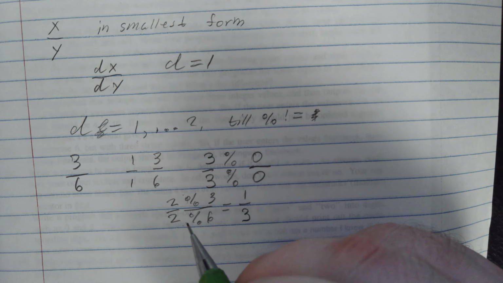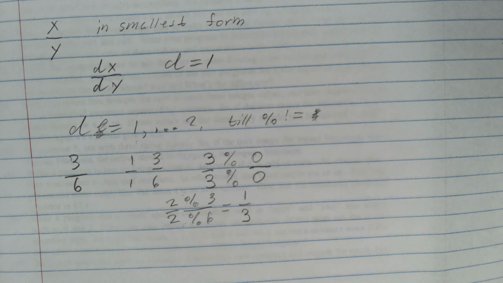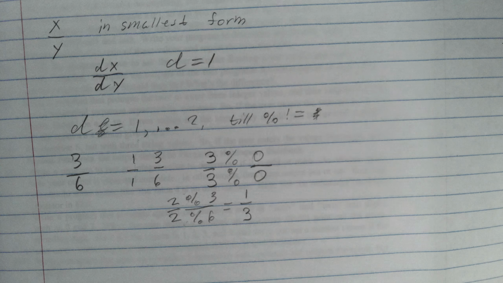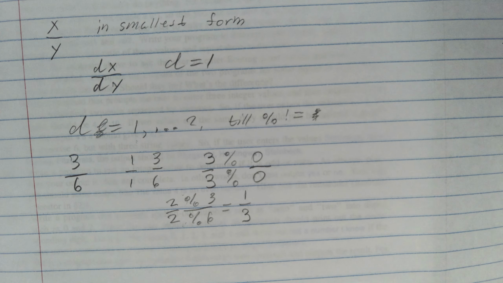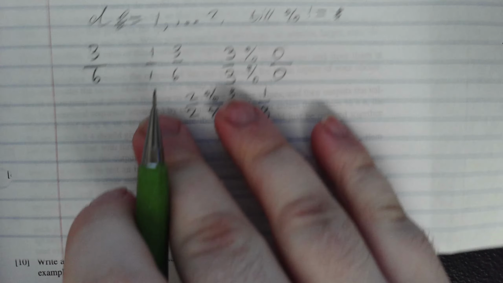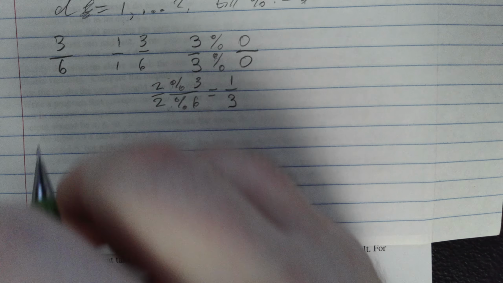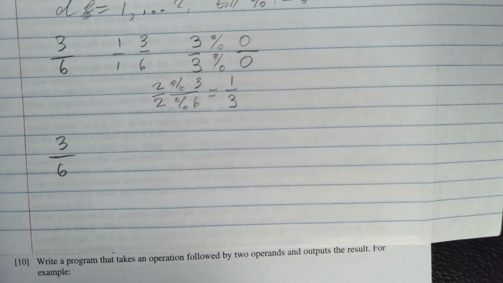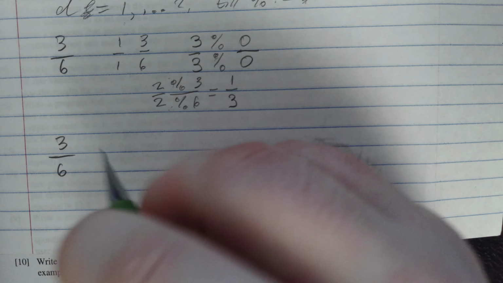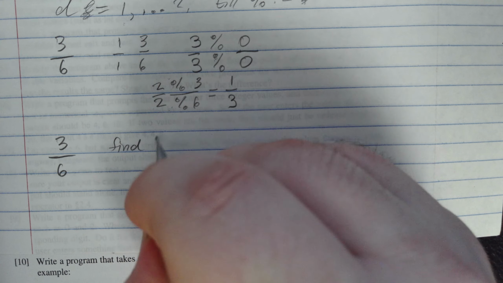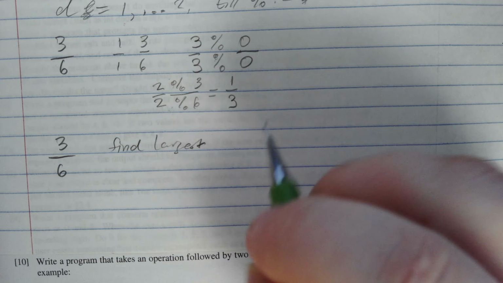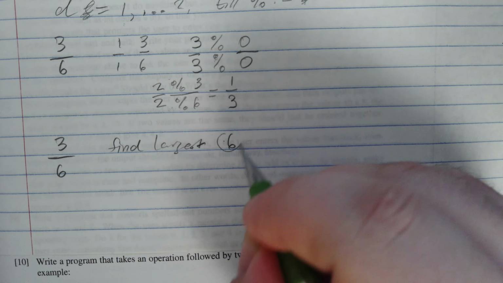So maybe we need to work backwards. Okay. Let's work backwards. So we have 3 divided by 6. We will find the largest, which is 6 in this case.